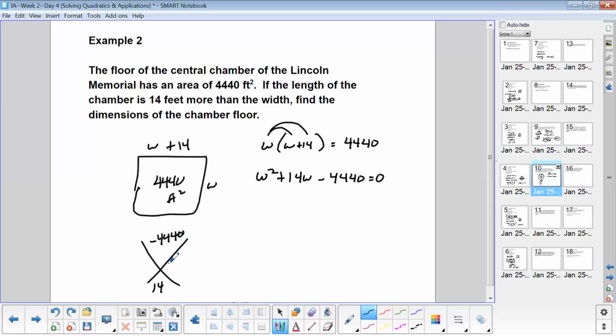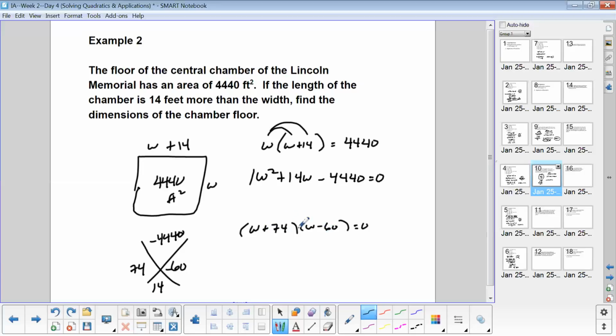We'll use the calculator tool in class to acquire those factors, especially with larger numbers. What we would have is 74 and 60. Since A is 1, we would just write W, and by the way, that would be negative 60. So we'd have W plus 74 and W minus 60, all equal to 0.